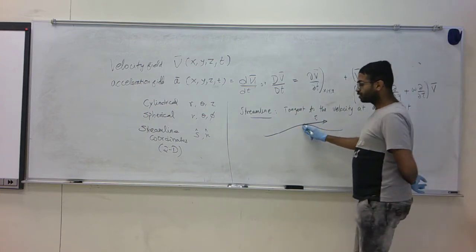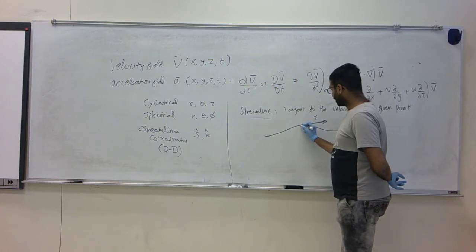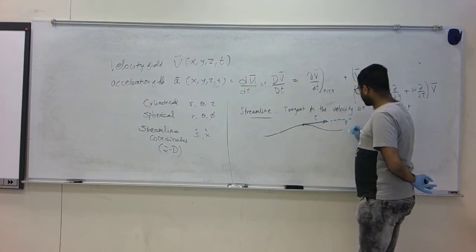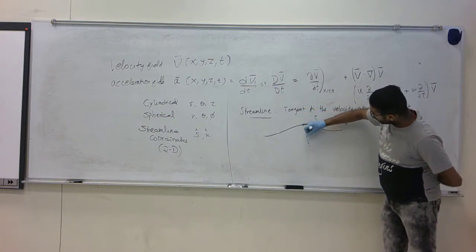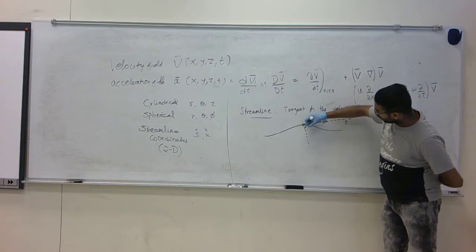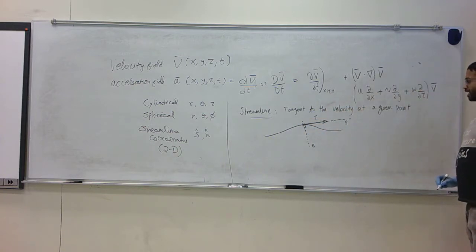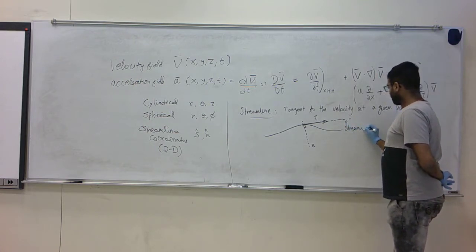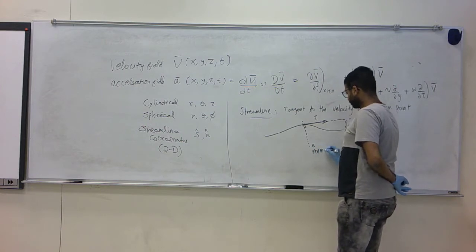If I define this direction of the tangent to be the streamwise direction, and the direction normal to that as the normal direction, then this is my streamwise direction and this is my normal direction.